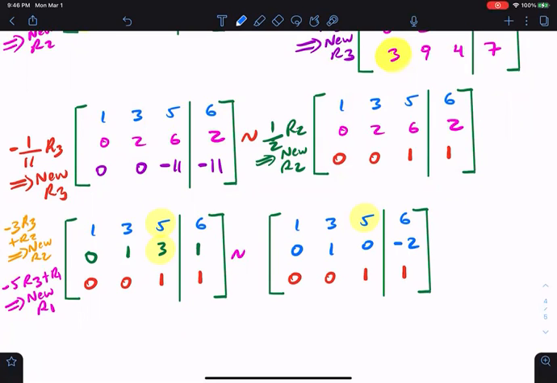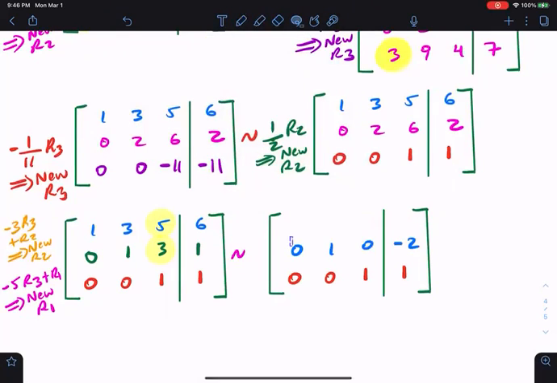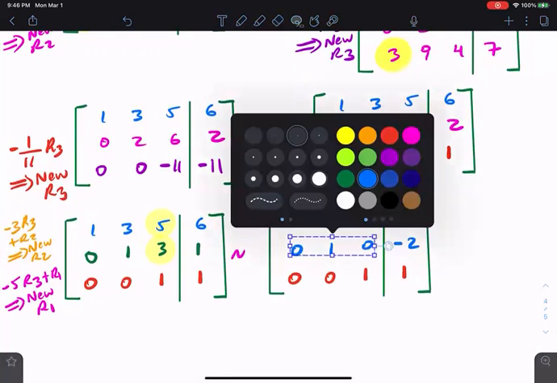Now what's changing is the first row, right? And I need to do a similar procedure. I want to get the 0 there. Let me put the same color before somebody gets confused.